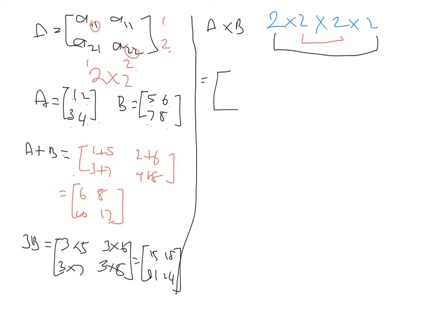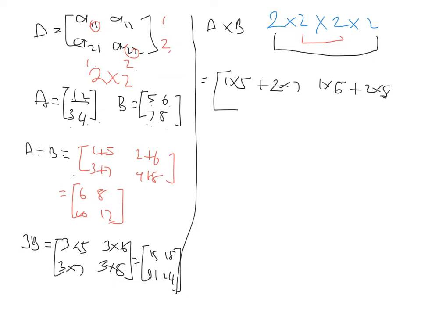So we've got 1 and 5, so 1 times 5 plus 2 times 7. That's where that comes from. Now we're going to do the top row and the second column. So we'll have 1 times 6 plus 2 times 8.